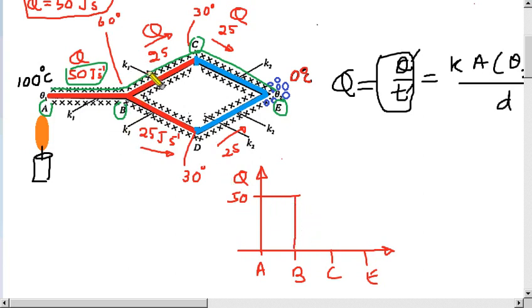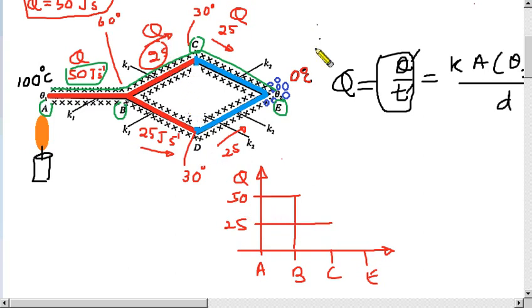Then this rod, B rod, at B junction, so 25. Rod B is conducting 25 up to C. In between B and C, the rate of heat flow is 25.